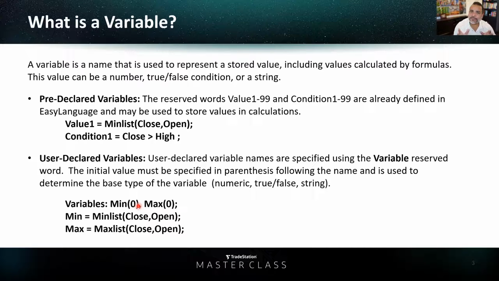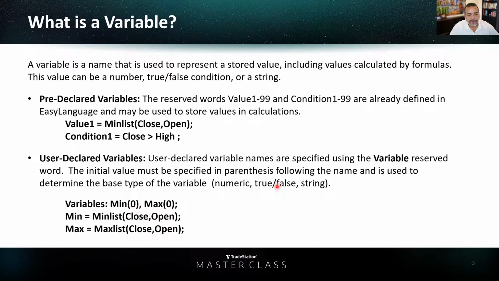The number, it doesn't really matter what number it is. We usually choose 0 just for programming standard practices, but it can be any number. Just remember that throughout the code, you're going to be recalculating that variable. But the starting point or the initialization, if we can call it that, of the variable has to be inside those parentheses. And by putting in a number, you're telling Easylanguage, this variable is going to hold a number.